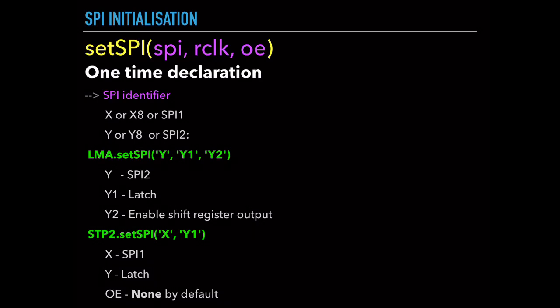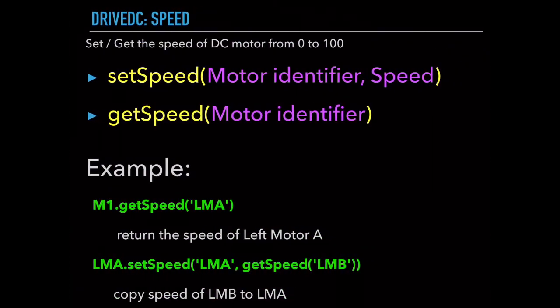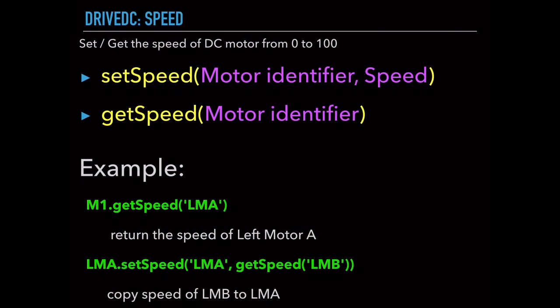Next, it's speed control. We can control the speed from 0 to 100. We can define from either 0, where the motor will start, and the maximum is 100. For set speed, we need to provide which motor identifier, and the speed from 0 to 100.